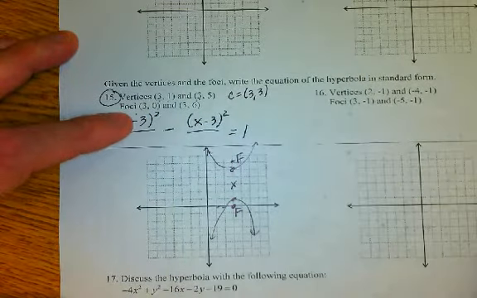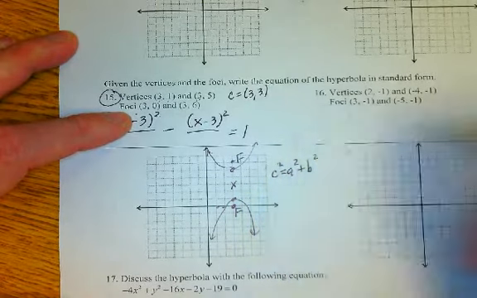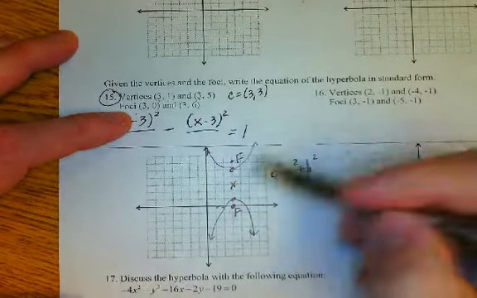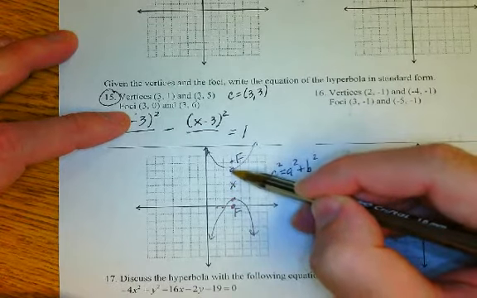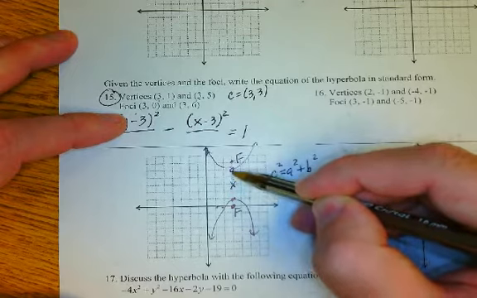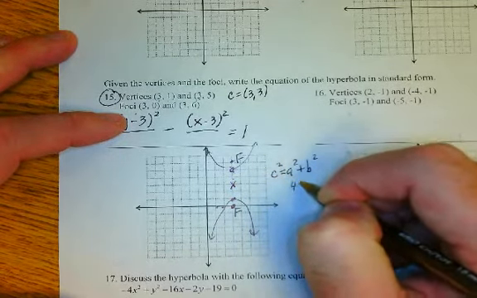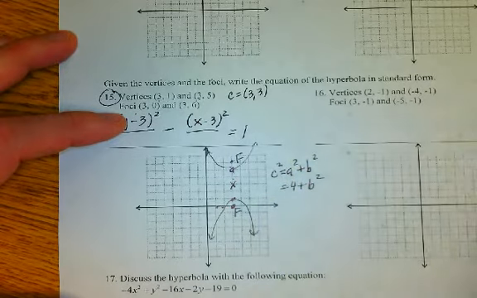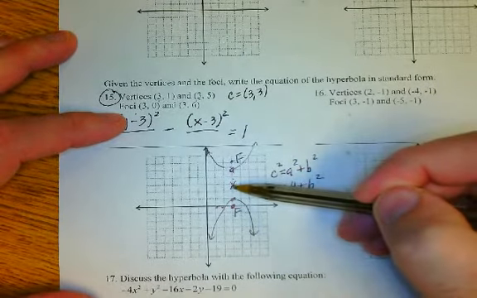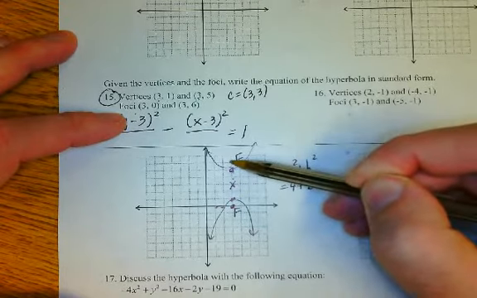But I can use now my focus equation, which is c squared equals a squared plus b squared. And my a value is from the center to the vertex. And so it looks like that's a distance of 2. So that's going to be 2 squared, which is 4 in my equation. And then the focus distance from the center is your c number, so 1, 2, 3.